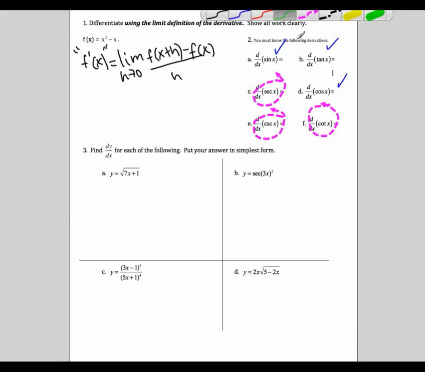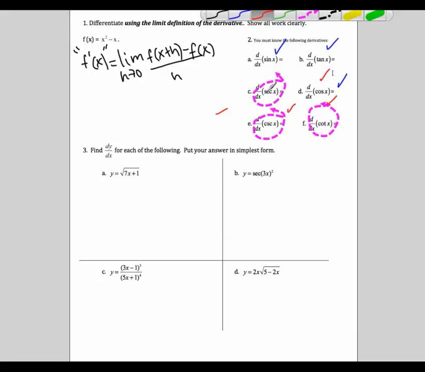So my job will be now to ask you derivatives in terms of any of these three pink circles, trigonometric functions. And keep in mind that whenever we deal with cosine, cosecant, cotangent, we have a negative sign in front of it.